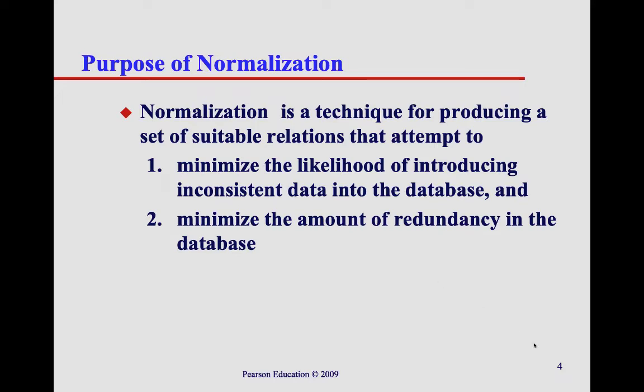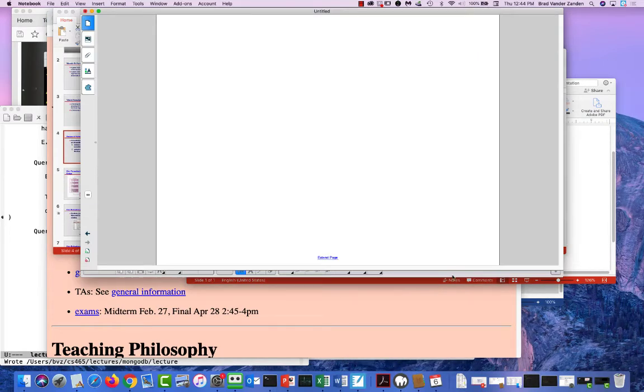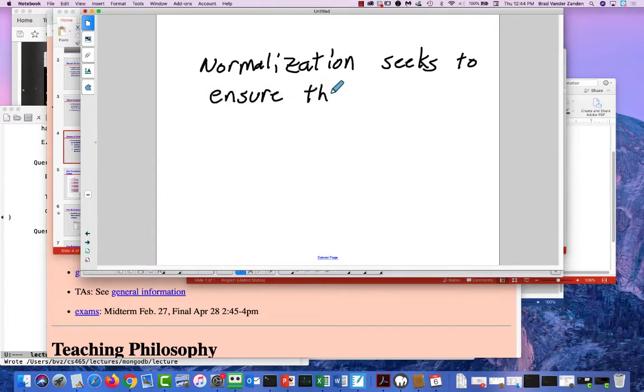So if you want a summary of what normalization is ensuring, another way to think of it is normalization seeks to ensure that each descriptive attribute appears in no more than one relation.